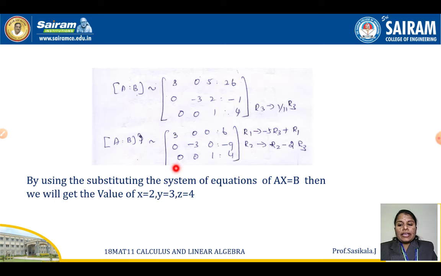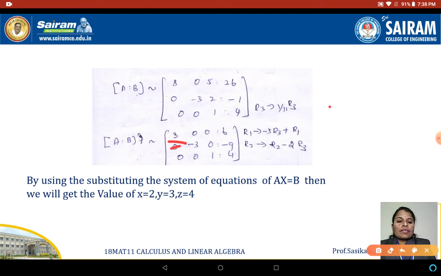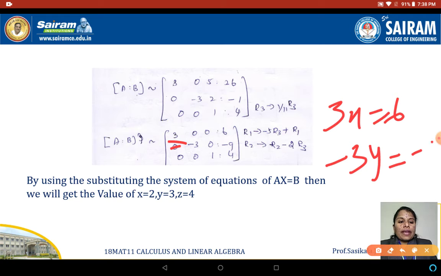So what you will get, you can go with the substitution method. So what you can substitute, first one 3x, right? So from the first one 3x is equal to 6, and second one minus 3y, because x is also 0, z is also 0, minus 9, and the next one z is equal to 4.